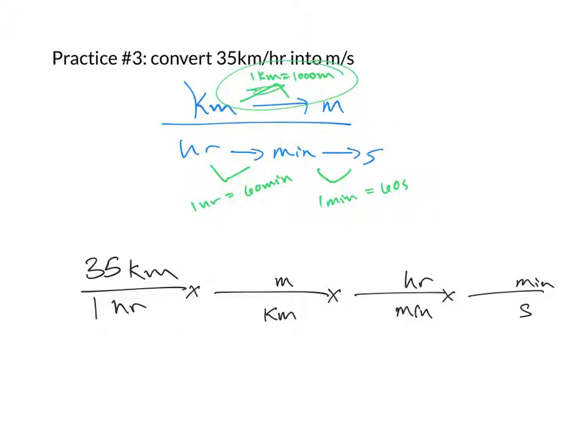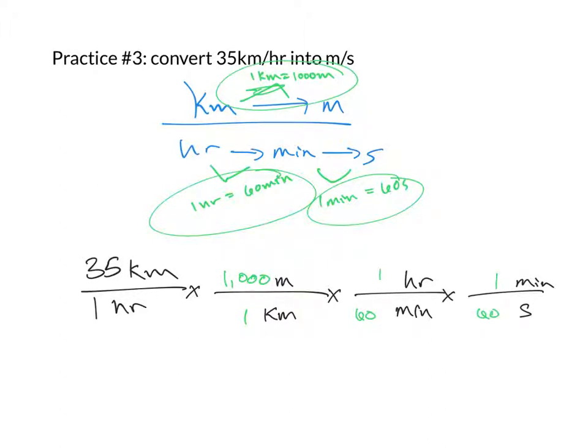So 1 kilometer goes here, and we have 1,000 meters going there. Secondly, we have to convert the denominator, so hours and minutes. So for these values, 1 hour is 60 minutes. And then the third one is 1 minute has 60 seconds.